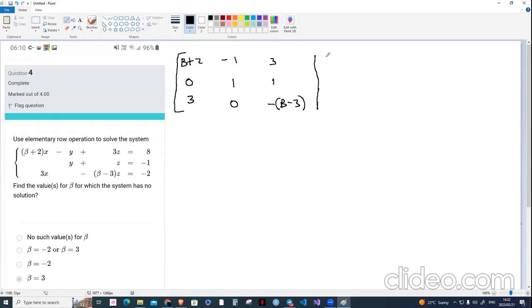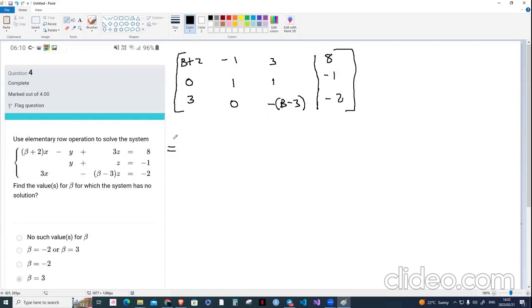And because it's augmented, we need to append the answers here. That's the definition of an augmented matrix. It means you append the answers this side. If it's not an augmented matrix, then it doesn't have this.